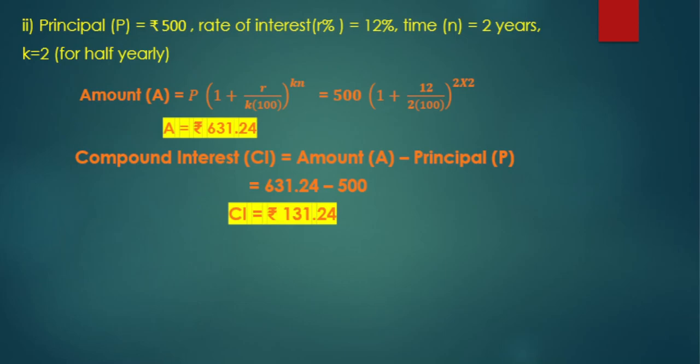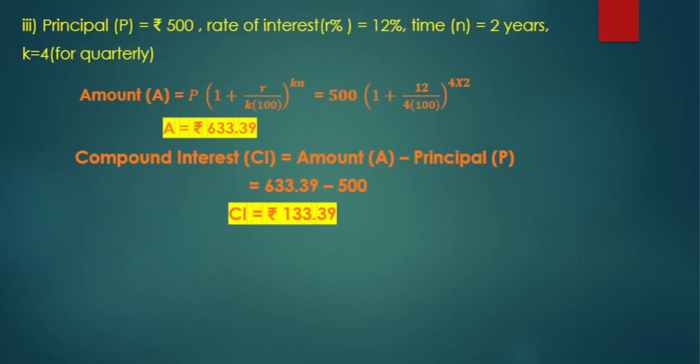Similarly, for the quarterly case, the formula is amount A equal to P into 1 plus R upon K into 100 to the power Kn. Here K is 4 for quarterly.